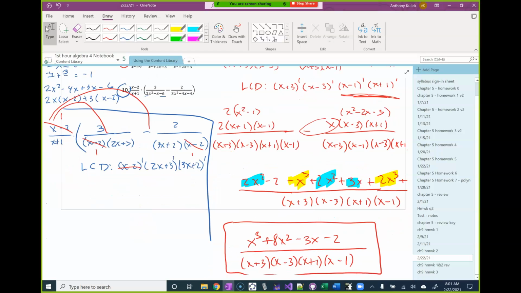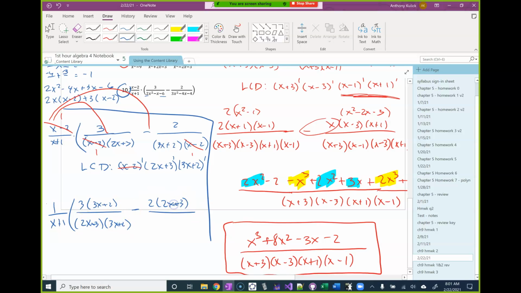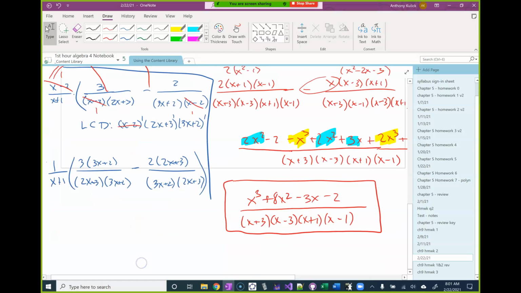Okay. This is missing the 3x plus 2. And the second fraction is missing the 2x plus 3. And if I distribute that 3 through, oops, it's going to give me 9x plus 6.